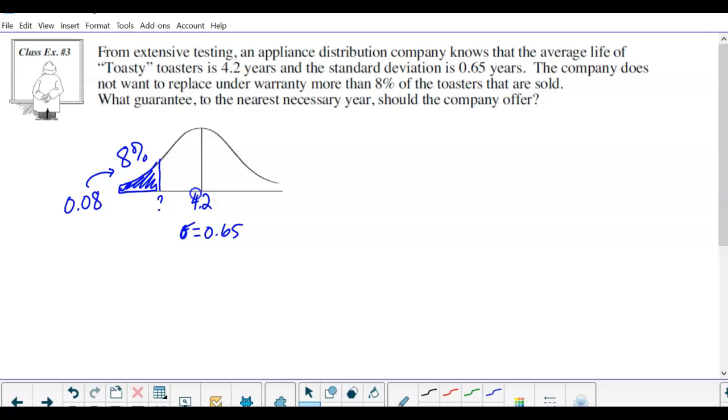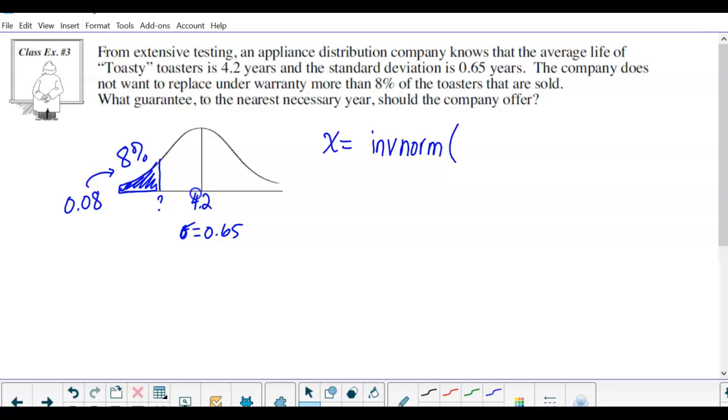Yesterday we worked backwards to get the z-score. But as I said, you don't have to get the z-score and convert it, because your calculators will give you the data value. So we want to go from the area to the actual value of years. So that is inverse norm. So yesterday it was z equals, today is x equals, the actual data value.